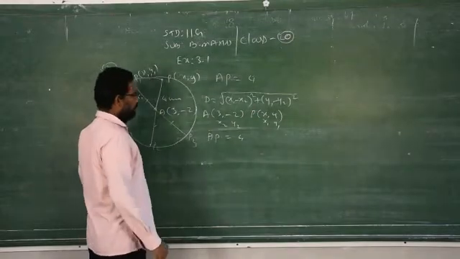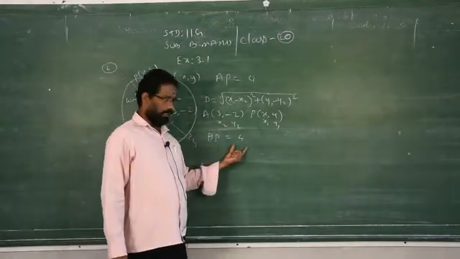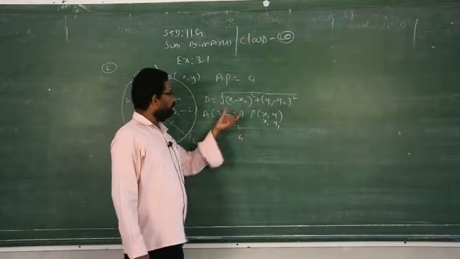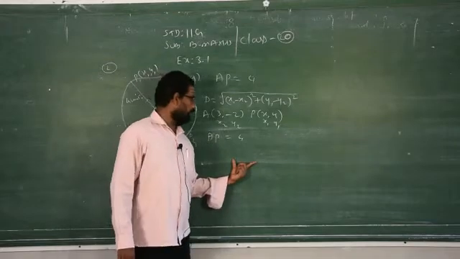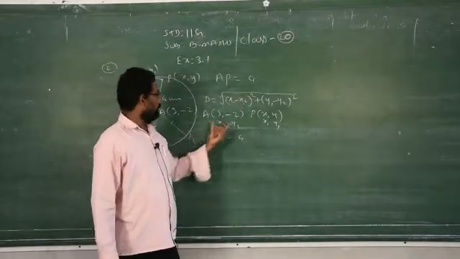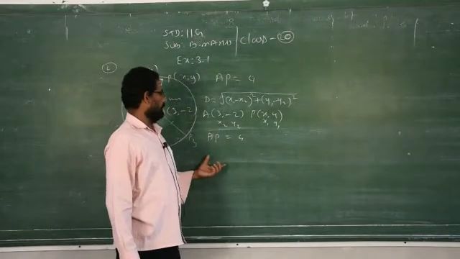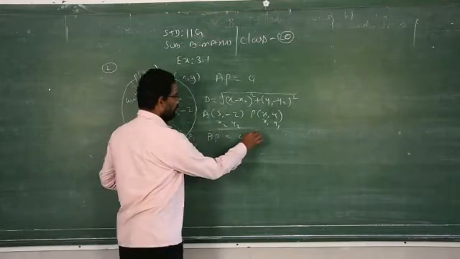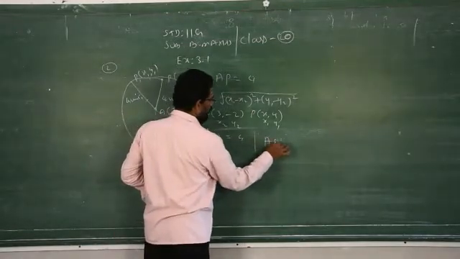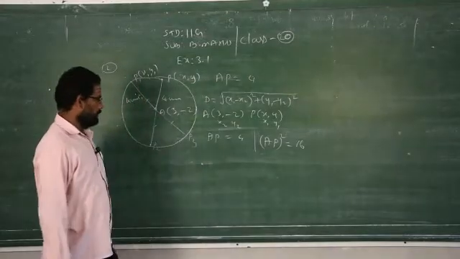I told you already, you can remove the square root by squaring on both sides. Clear? Or you can apply this formula as it is. I said yesterday very clearly, when you replace this formula with the square root, you can say, no sir, I don't want to use the square root, which means you have to square on both sides. When you square on both sides, you will get AP square is equal to 16, because 4 square is 16.